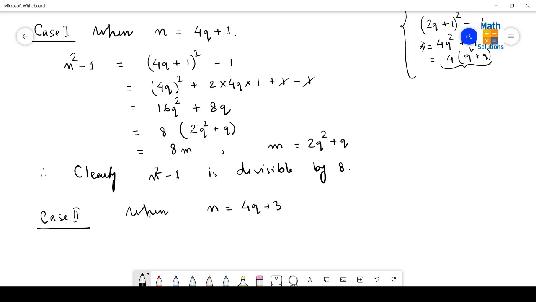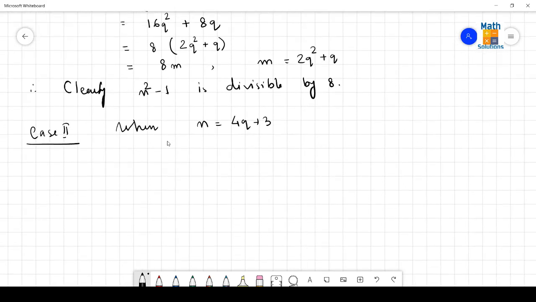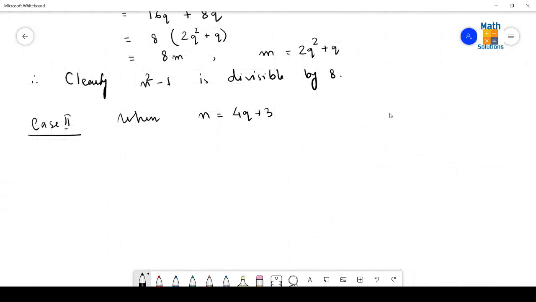So let us check what answer we get. In place of n in n square minus 1, I am putting 4q plus 3, squared, minus 1.